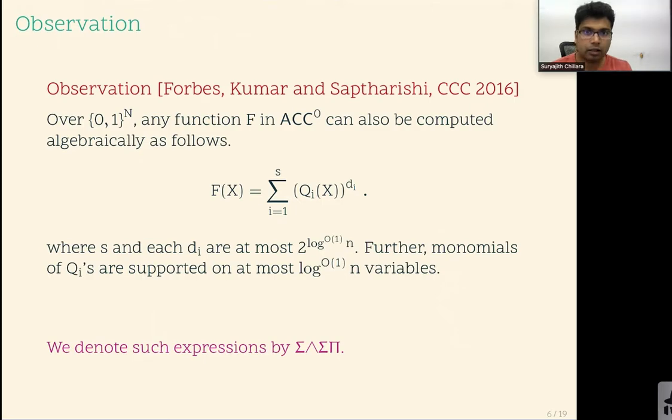So I repeat, to show a lower bound for a function against the class AC0, it is sufficient to show that that function does not exhibit expressions which can be written as sums of powers of polynomials of small size. Suppose there is a function f that needs expressions of this form where summands need to be at least super quasi-poly, then that function cannot be in AC0.